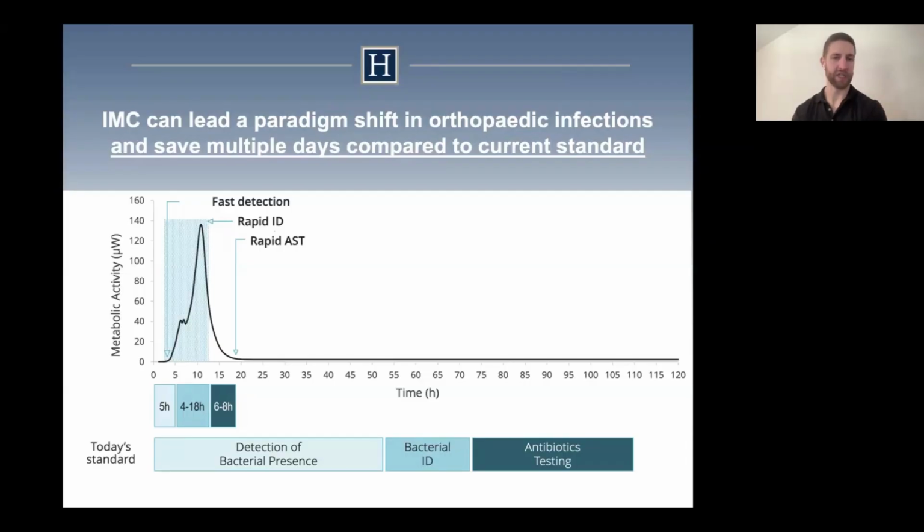Even if we have to do the current standard of reculture and ID afterwards after the calorimetry, because calorimetry doesn't destroy the bacteria or really harm them, it basically is just incubating them and allowing them to grow. We see that the actual growth on plates happens much faster than the 50-hour timeline average.